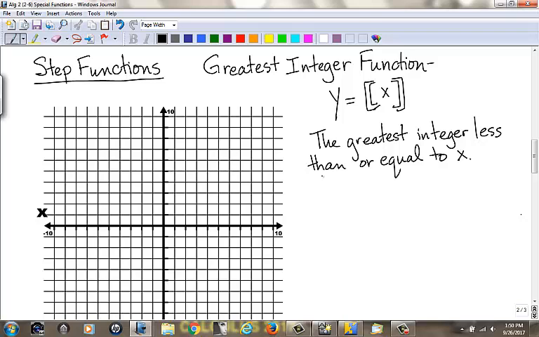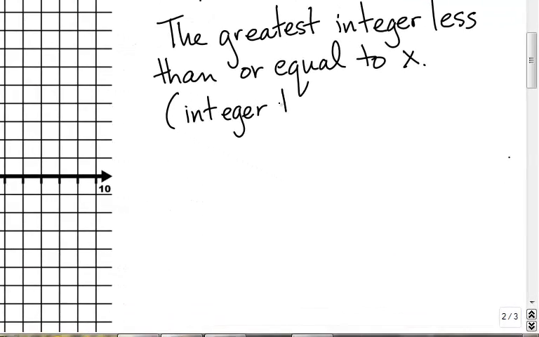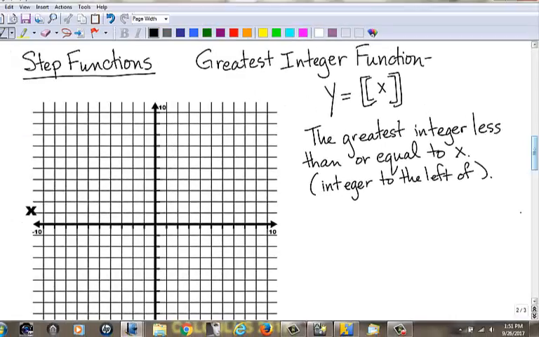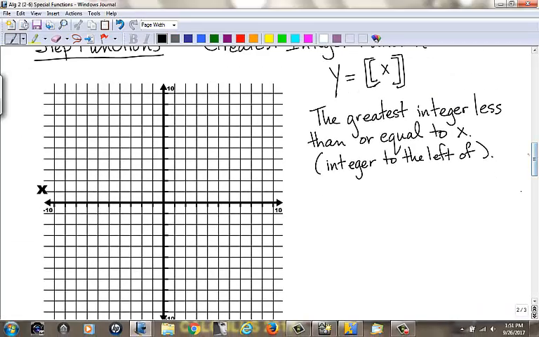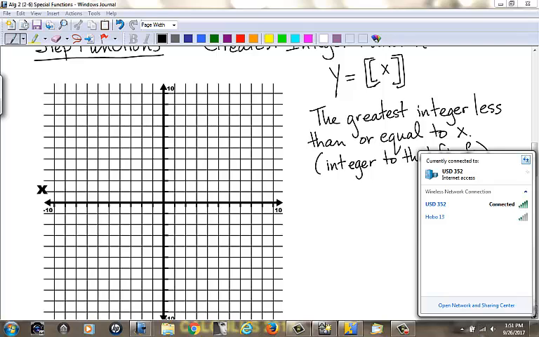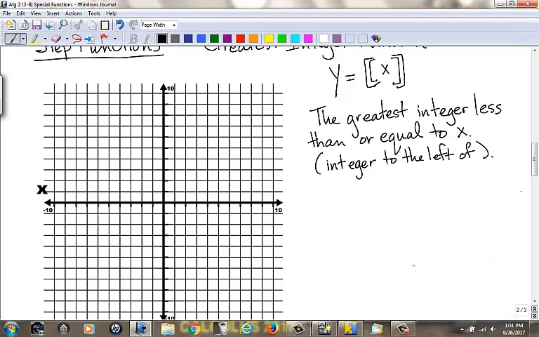Another way to say that is it's the integer to the left of x. Now, before we graph just y equals the greatest integer of x, we're gonna graph that one.